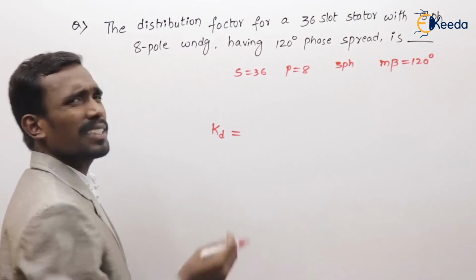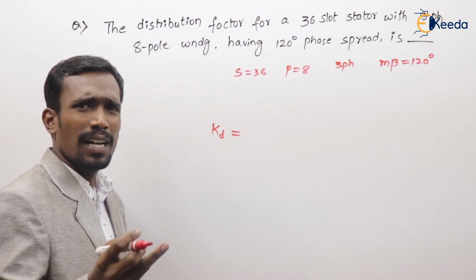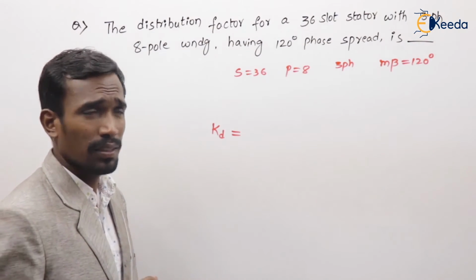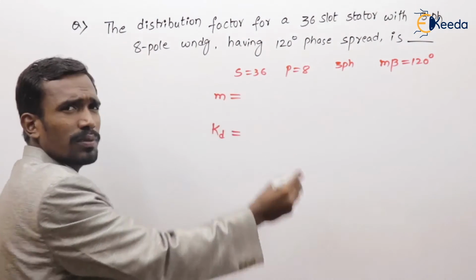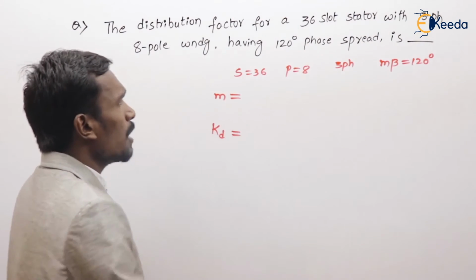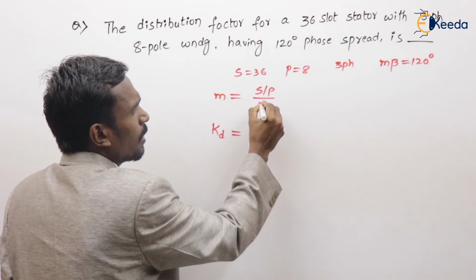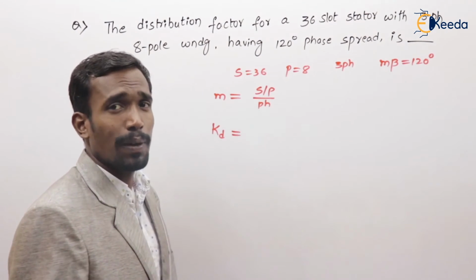Let's check whether it is a concentrated winding, distributed winding, integral slot winding or fractional slot winding. First of all, what is the value of M, the phase belt? Phase belt M is equal to slots per pole per phase.